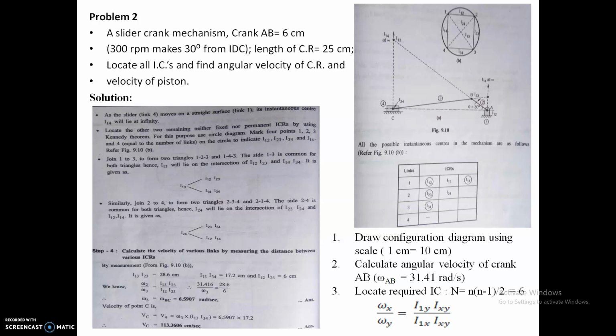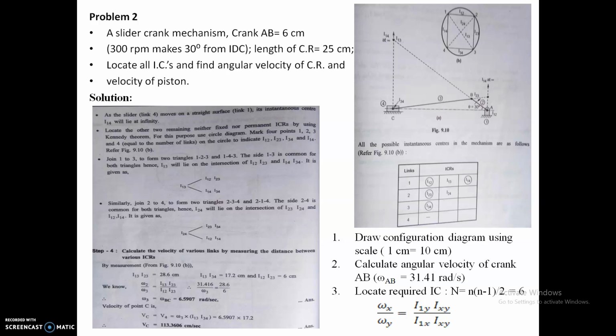After calculating the angular velocity of crank AB, the third one is the number of IC in the mechanism. This is a 4-bar mechanism, or we can say it's a slider crank mechanism, having the number of links 4. So by keeping the value of small n, that is 4, in the equation, you will get the 6 IC. So the total number of IC for a given slider crank mechanism problem is 6.